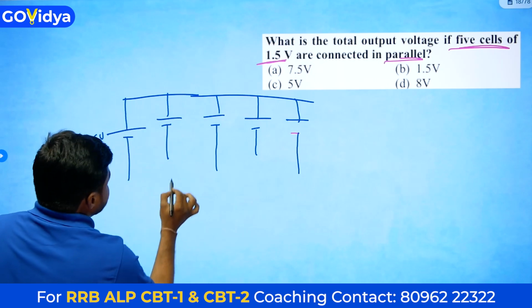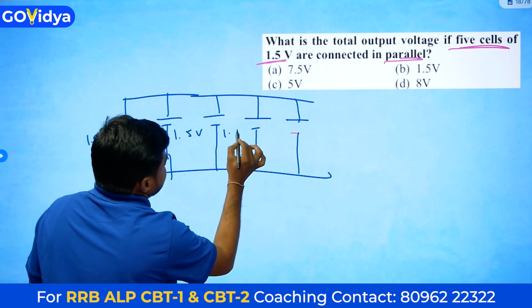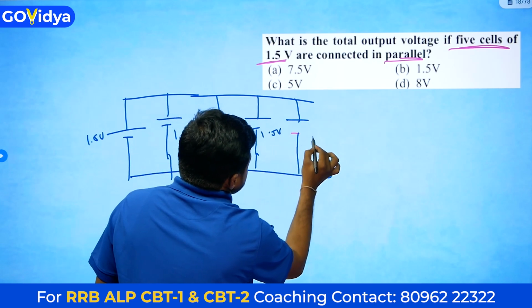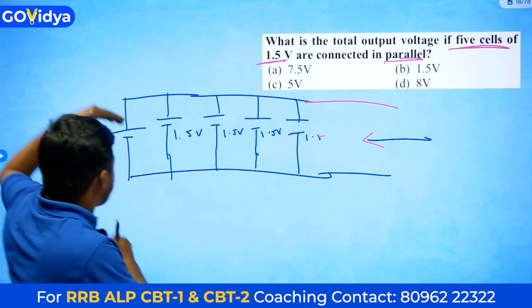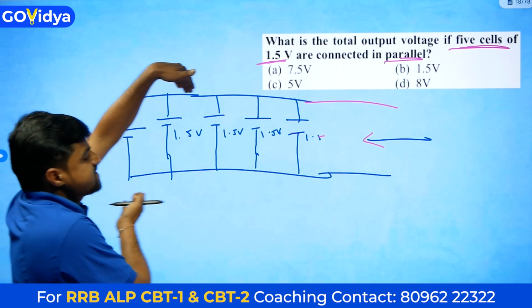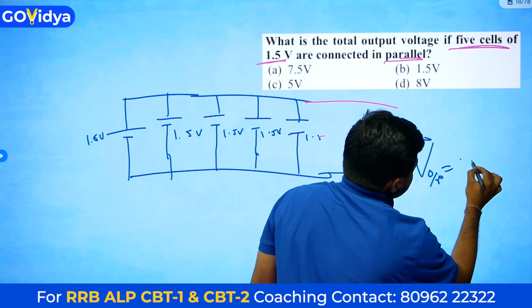In parallel, the voltage remains the same, 1.5 volts. The output voltage in parallel remains constant, only 1.5 volts.